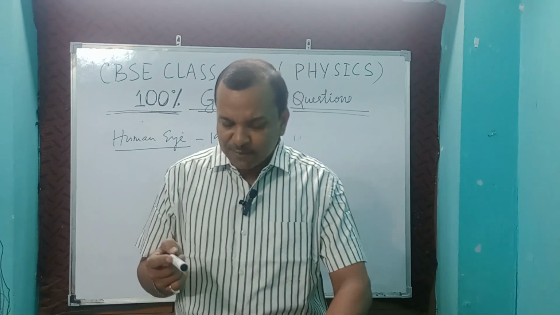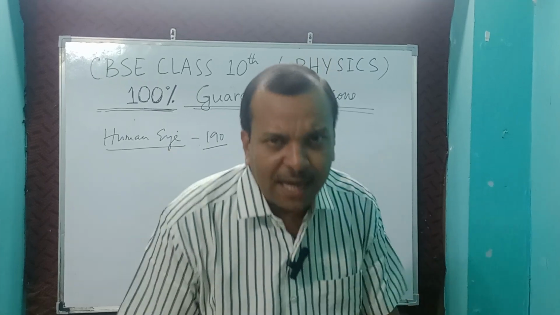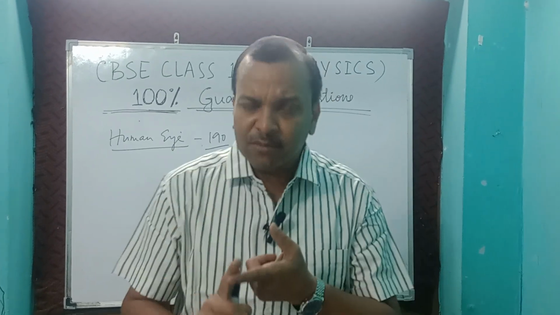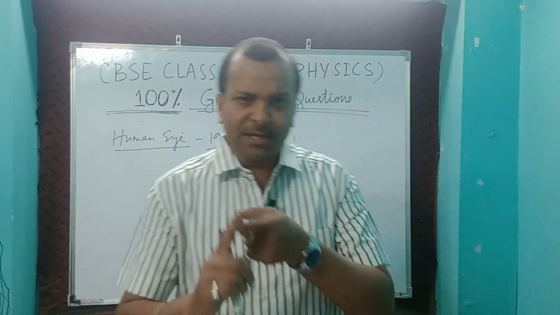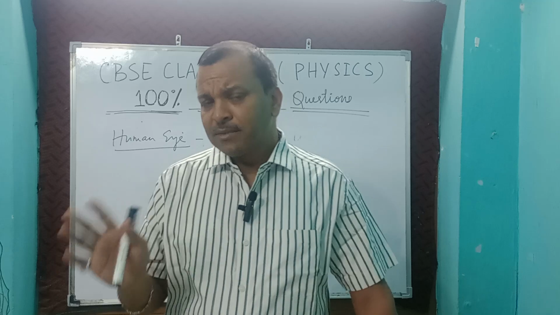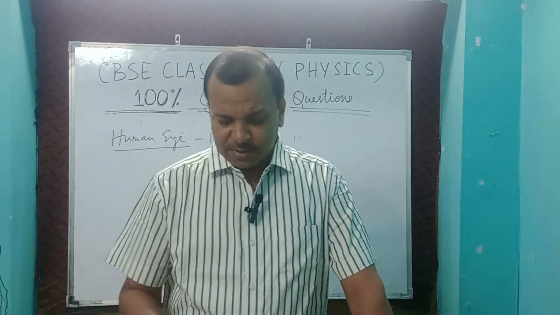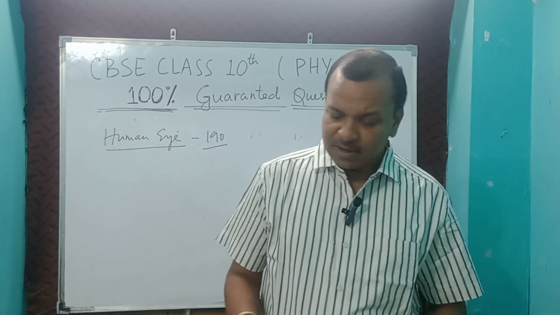What should be the type of corrective lens used to restore proper vision? Already I told you that one correction question will be there, 110% you are going to get it. Myopia or hypermetropia. Clear? You are going to get one question. So out of question number 1 and question number 2, just go for it.